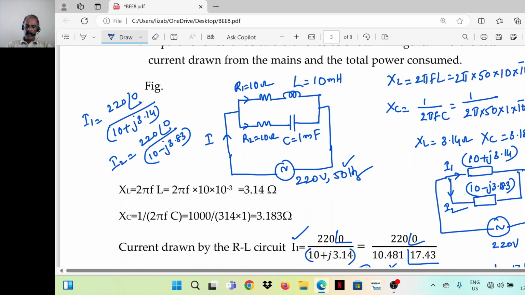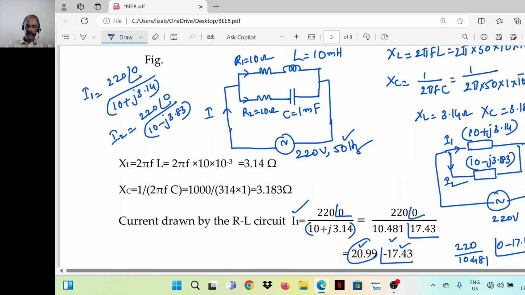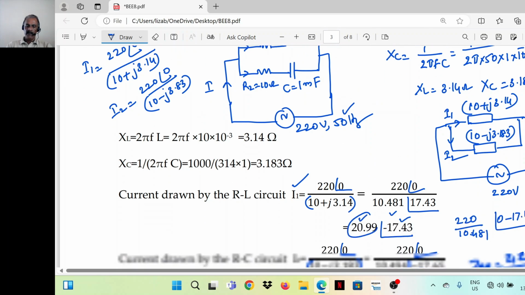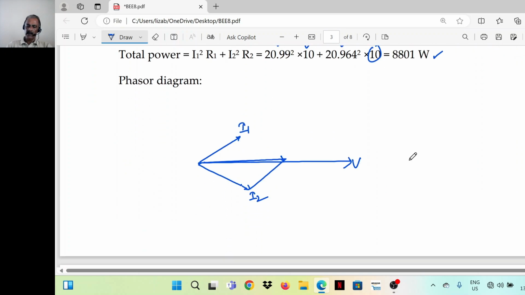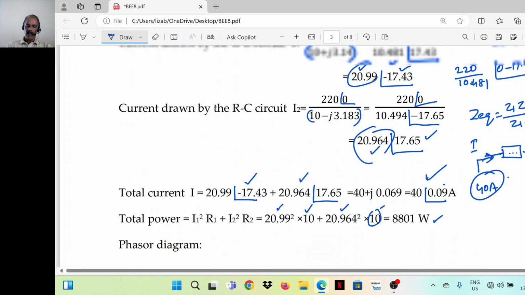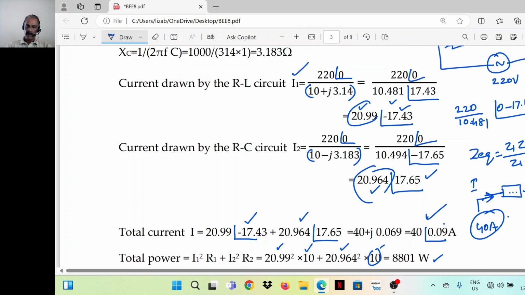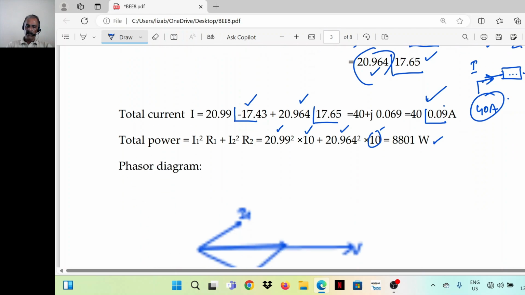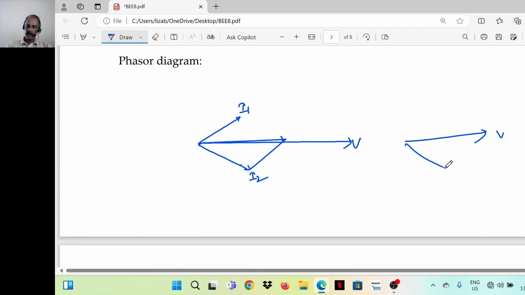Now the phasor diagram. Now we are taking V as the reference. That is V. I1 we got as 20.99 angle minus 17.43, so this is I1.